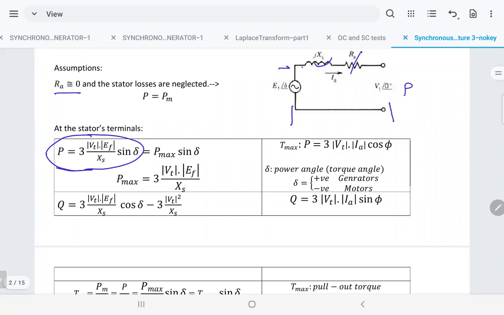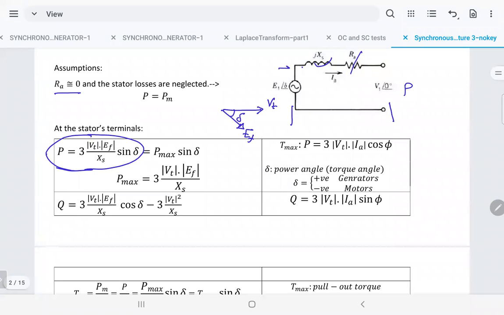And usually, we assume that the voltage at the infinite bus or the terminal of the stator is at angle 0. So actually, delta is the angle of EF, the internal voltage. So if you make a phasor diagram, if this is VT, that will be EF, and that's delta. It depends.